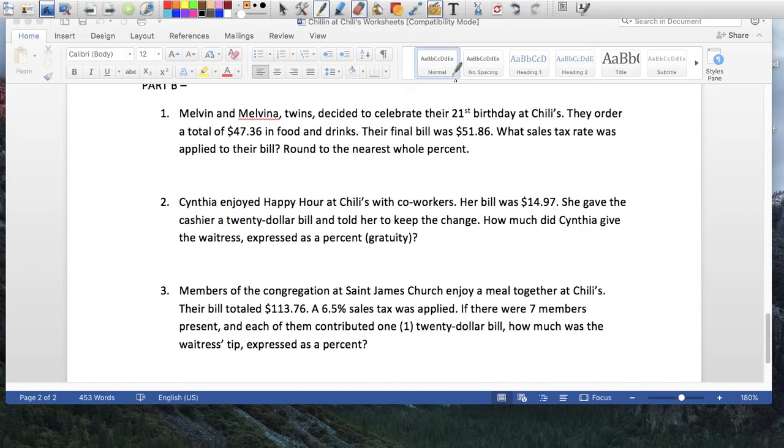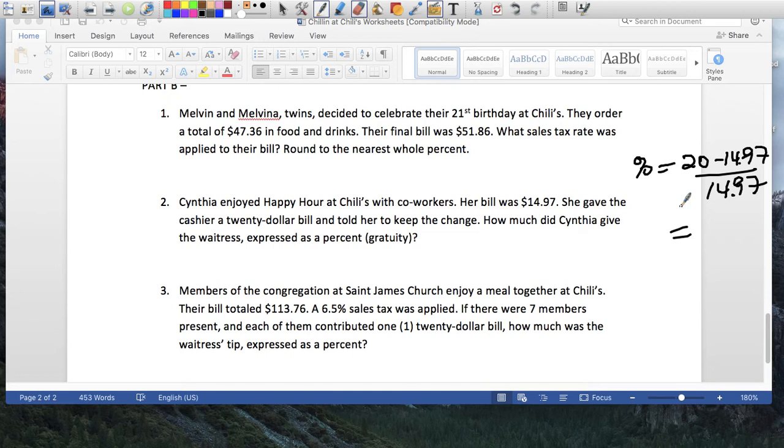Next question. Cynthia enjoyed lunch with her coworker. Her bill was $14.97. She gave the waitress a $20 bill and told her to keep the change. How much did Cynthia give the waitress expressed as a percent? Same thing. So we want the percent of change. So it was 20 minus 14.97 over 14.97.